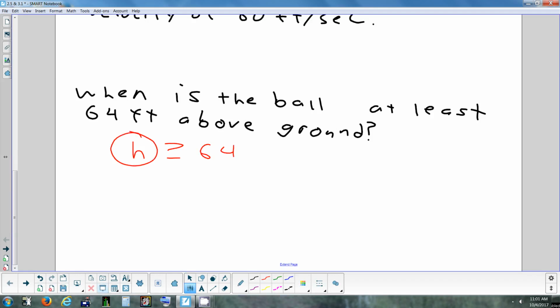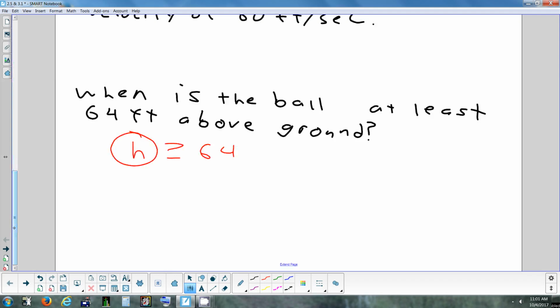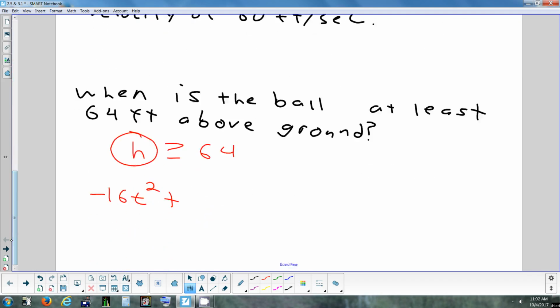So now we just need to fill in the formula for the height. The height of the object is negative 16t squared plus v sub 0 t. Caitlin, what's my initial velocity in this problem? Yep.